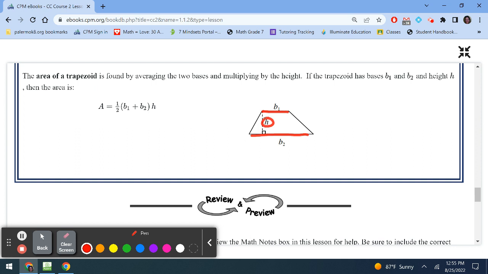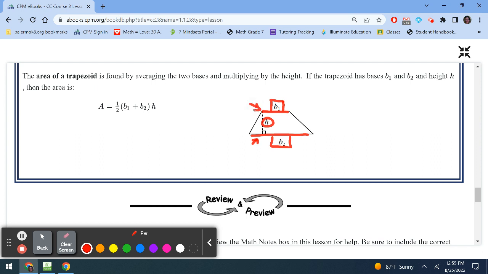However, we have to figure out what the bases would be if they were the same length. And the way that we do that is we take the average. So we add our first base to the second base and then divide by 2. And that's going to make it so that part of this side is now up here instead.